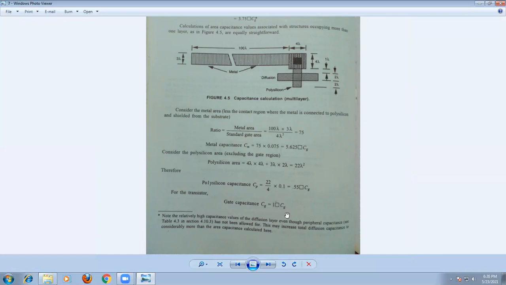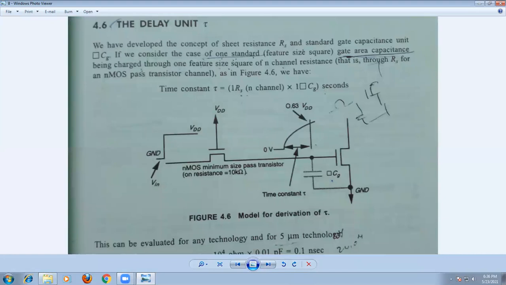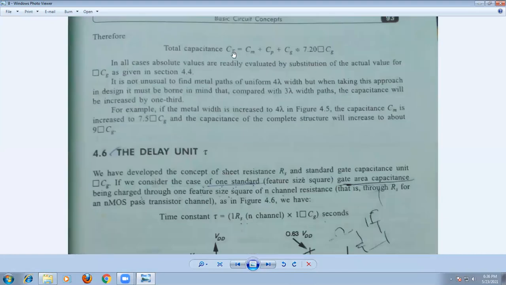Now what is the total capacitance? Cm plus Cp plus Cg. Total capacitance is equal to Cm plus Cp plus Cg, which is approximately 7.2 square Cg. Like this, we can calculate the capacitance associated with the structure.